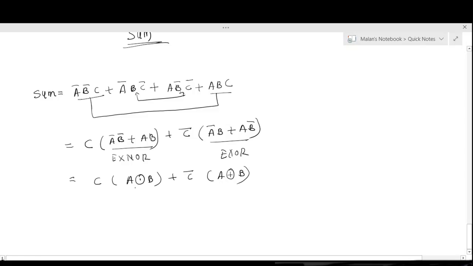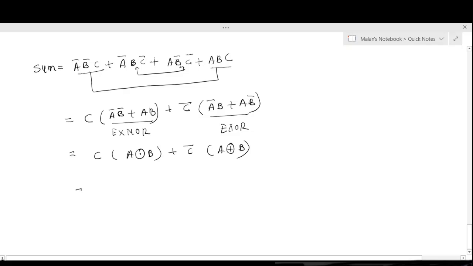Now again we know that XNOR is nothing but the NOT of A XOR B. Now I am going to rewrite the expression like this: C (A XOR B) bar plus C bar (A XOR B). Now again we know that A bar B plus A B bar is nothing but the XOR operation.